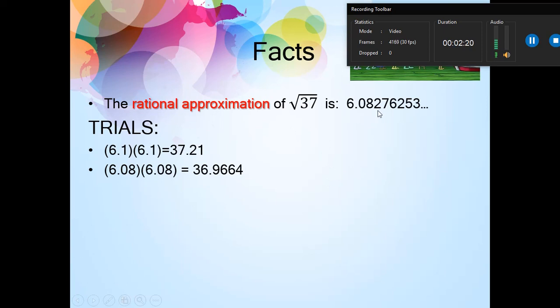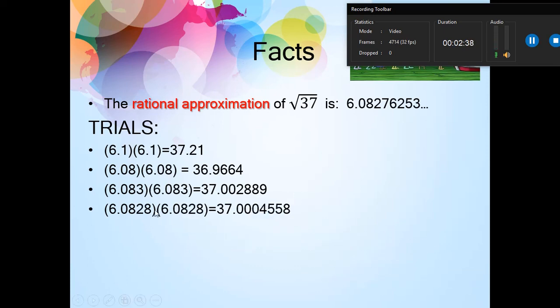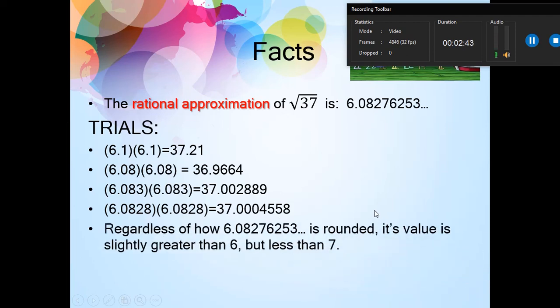I'm going to round this 2 up to 3 based on normal rounding rules. Now I'm getting closer. I have 37.00, but there's still some stuff lingering around here. So I did not get exactly 37. Let's go 1 more decimal place. And again, I'm close, but I'm not exact. In this example, it doesn't matter how I round the rational approximation.